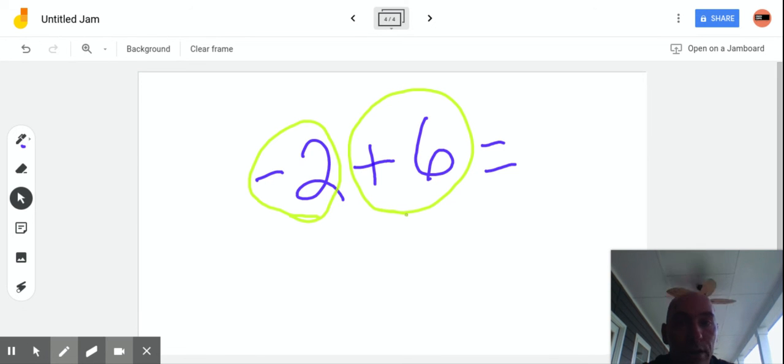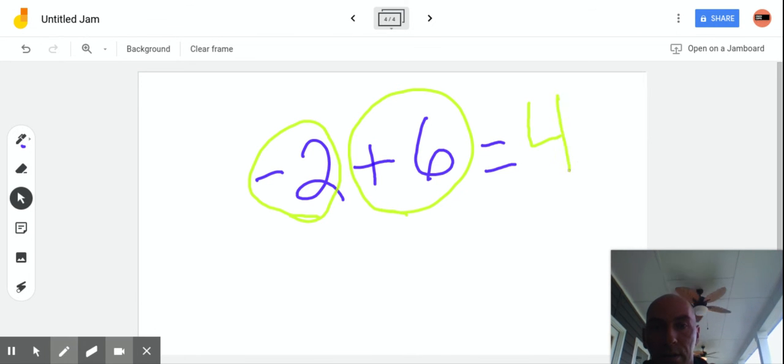Those are two different signs, a negative and a positive. So if the signs are the same, we add. If the signs are different, we subtract. So 6 minus 2 would be 4.